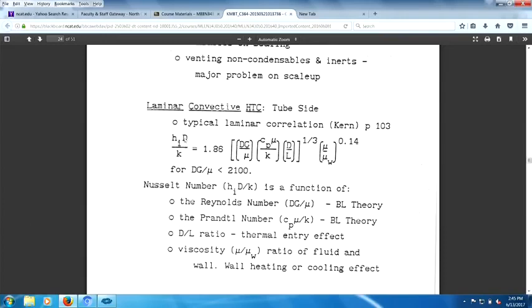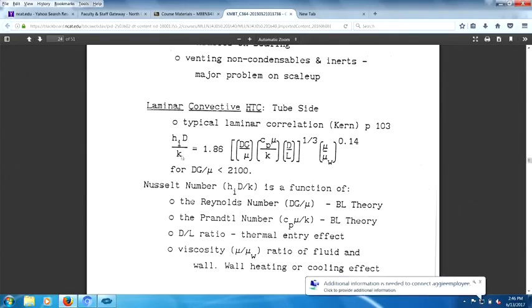Anyway, this is the heat transfer correlation for the inside heat transfer coefficient. This is basically a Nusselt number. In here is a Reynolds number, a Prandtl number, a diameter over length of the pipe ratio, and a viscosity ratio. The first thing you want to know is that laminar flow has a 1/3 exponent.